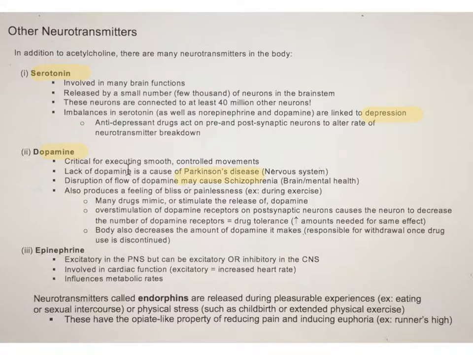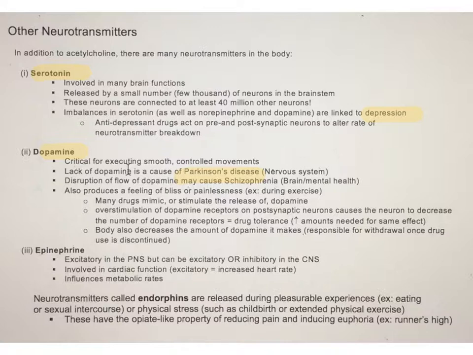So they tend to shake a lot. They have very jittery muscles, and that's because they don't have enough dopamine to make those controlled movements happen. A disruption of flow of dopamine may cause schizophrenia as well. They believe that a disruption to the dopamine flow can actually lead to schizophrenia.